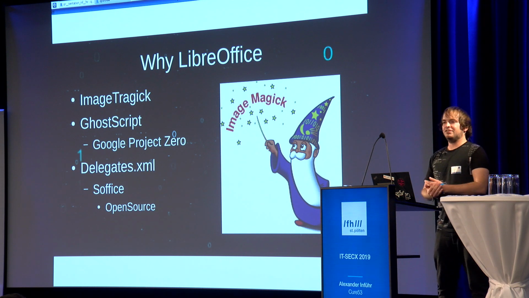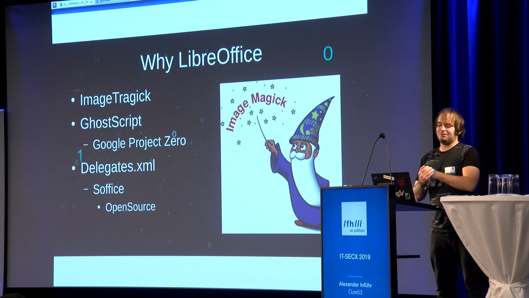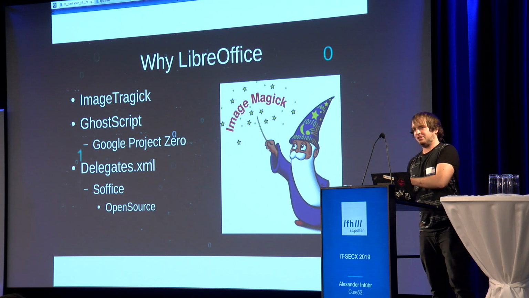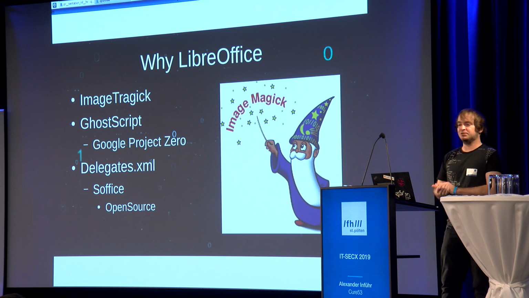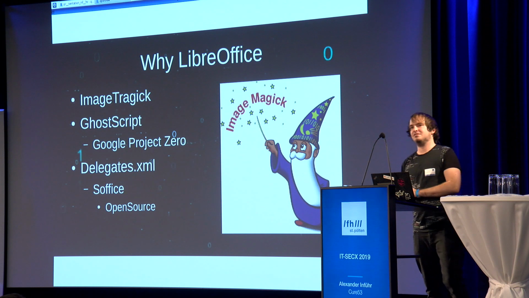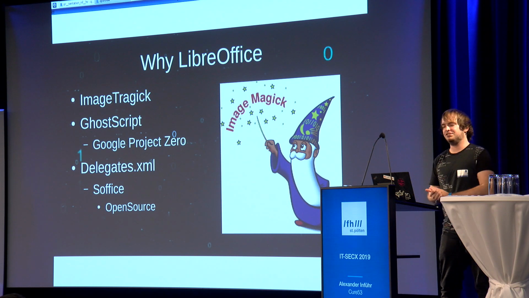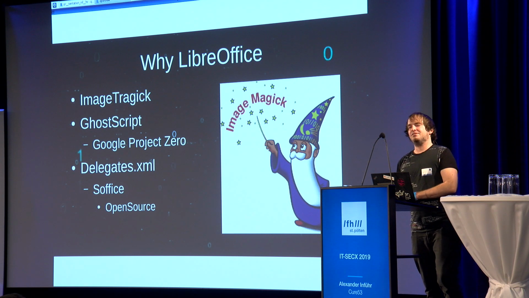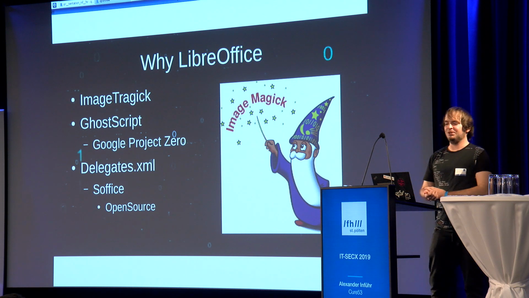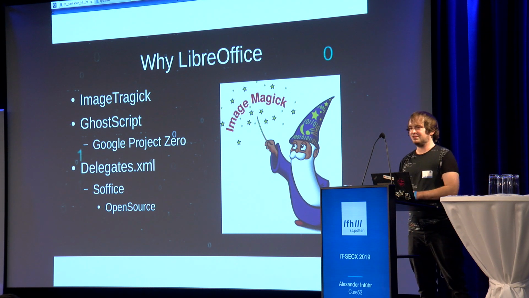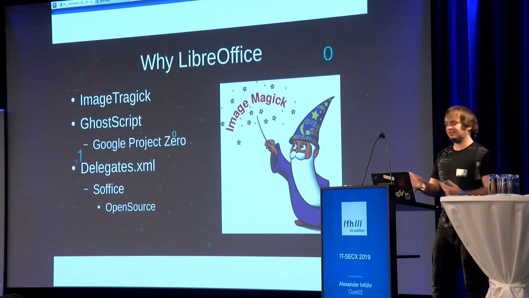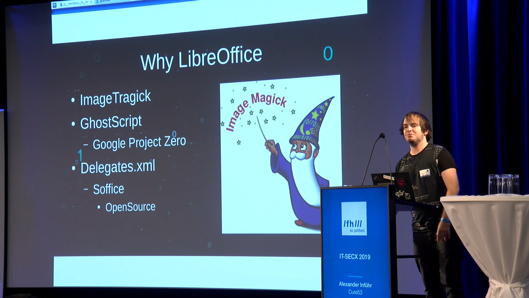And one of the executables used by ImageMagick is GhostScript, and Tavis or Mandy from the Google Project Zero team found, I don't know how many vulnerabilities in GhostScript, and because it's used by ImageMagick, you could attack ImageMagick.